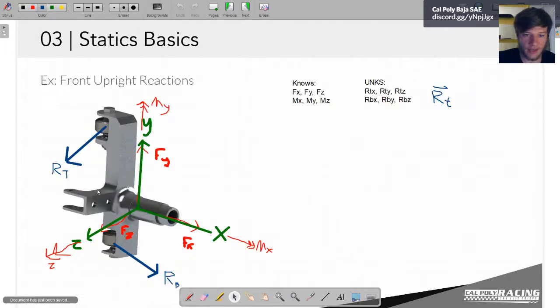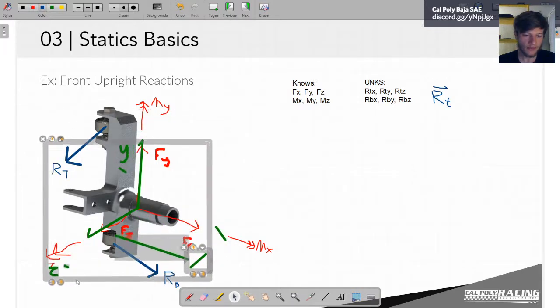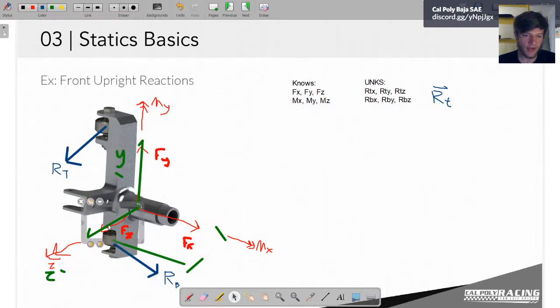So if we look back here, using those distances that I just said, note that those are distances from this bottom point down here. And because I know the distances from down there, it will make more sense to put my coordinate system, see if I can grab all of them, we've got most of them, actually centered on that point.